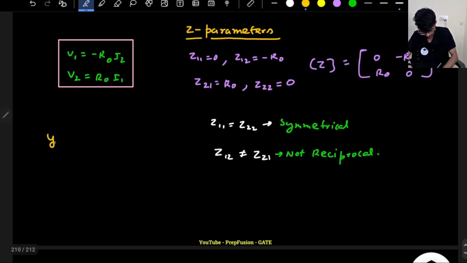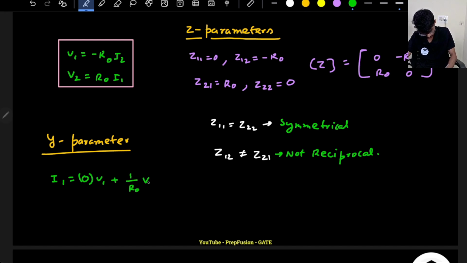Okay, what about the Y parameters? If I want to write the Y parameters, I have to write the current in terms of voltage, so my equations will be flipped. I1 will be 0 into V1 plus 1 by RO into V2, and I2 will be 0 into V2 minus 1 by RO into V1.